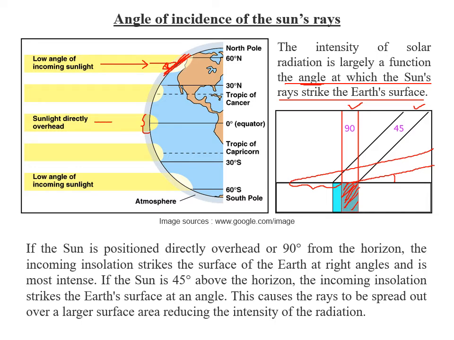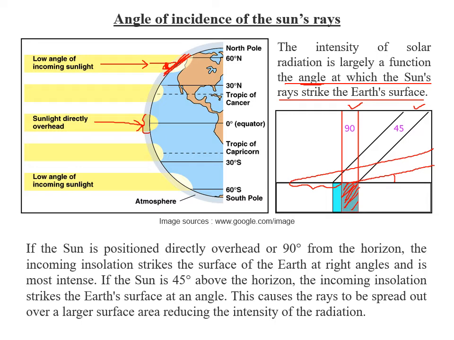Here the angle of incidence is about 90 degrees, and as we move to a higher latitude, the angle of incidence gradually decreases. And with this decreasing angle of incidence, the areal coverage of the radiation energy will become higher.